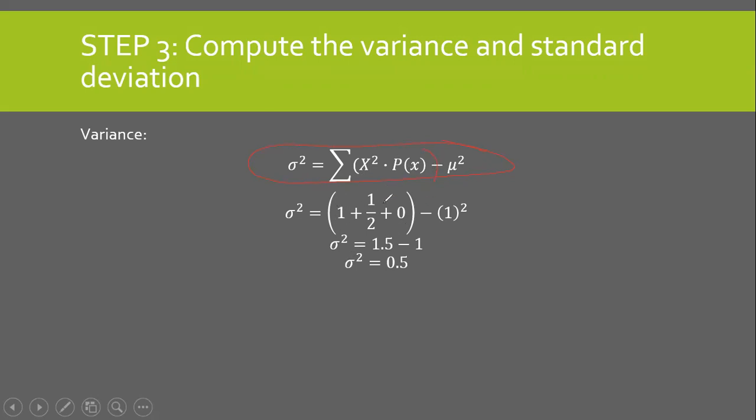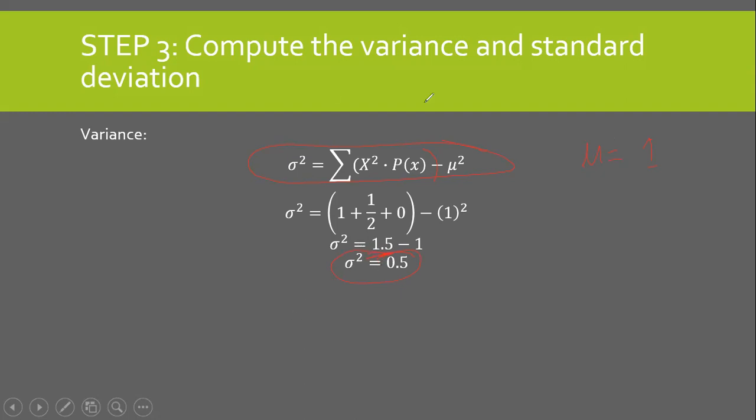We have 1 plus 1 half plus 0, which is equal to 3 over 2, or 1 and 1 half, or 1.5. Minus the mean squared. Remember that the mean is equal to 1. 1 squared is equal to 1. So you have 1.5 minus 1 is equal to 0.5. This is the value for our variance. So variance is equal to 0.5.